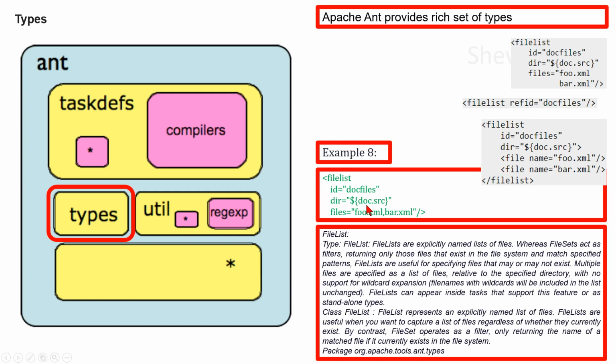Here the files ${doc.src}/foo.xml and ${doc.src}/bar.xml. Note that these files may not yet actually exist. This is the same as the example here.